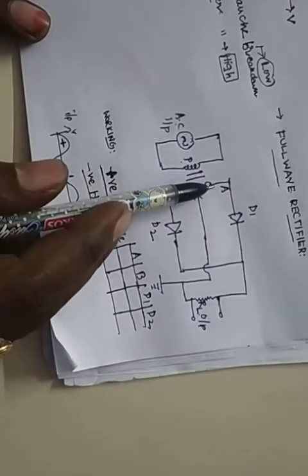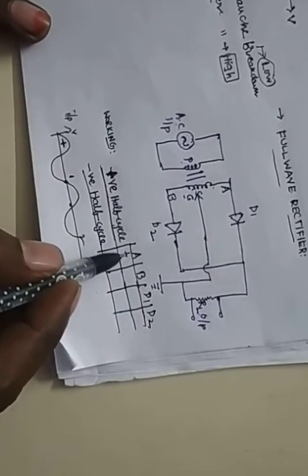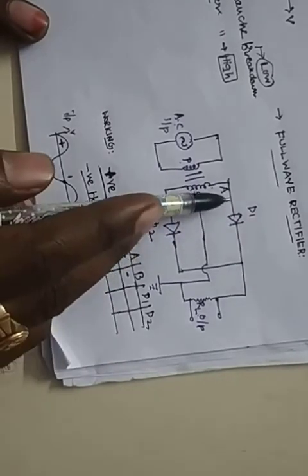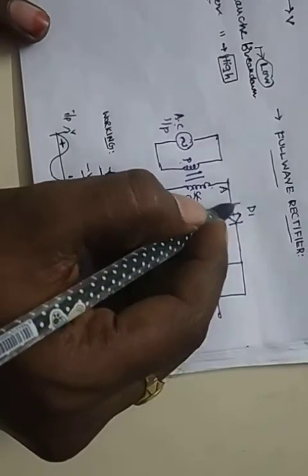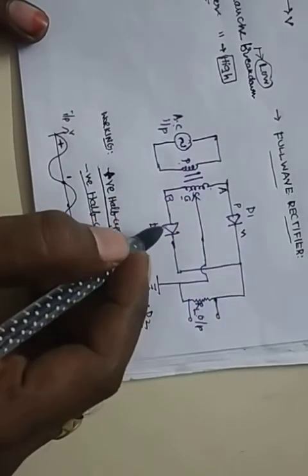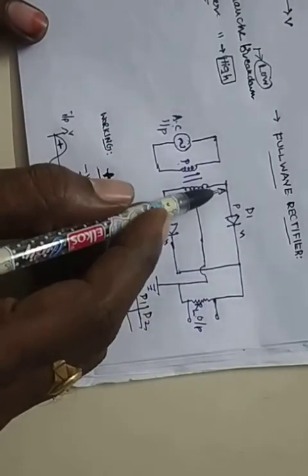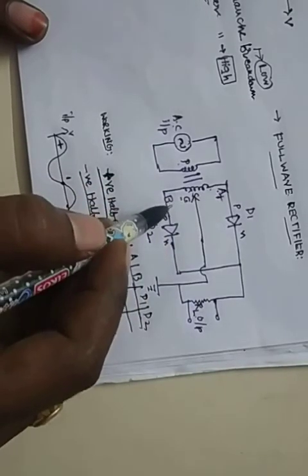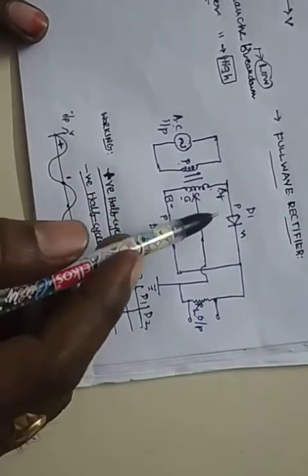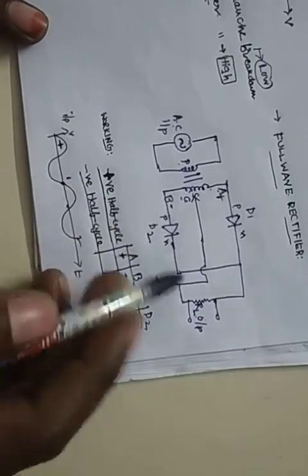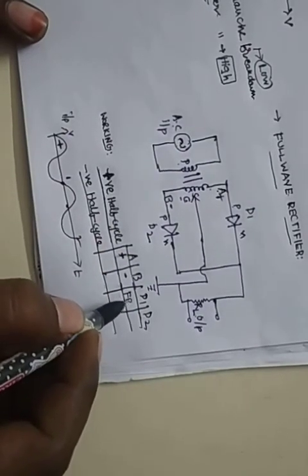So then what happens? End A becomes positive and end B becomes negative. When the end A is positive, this is the P or not? This is the N or not? Here also this is P, this is N. So when end A becomes positive and end B becomes negative, then P is connected to positive and N is connected to negative, means the diode is said to be in the forward bias.